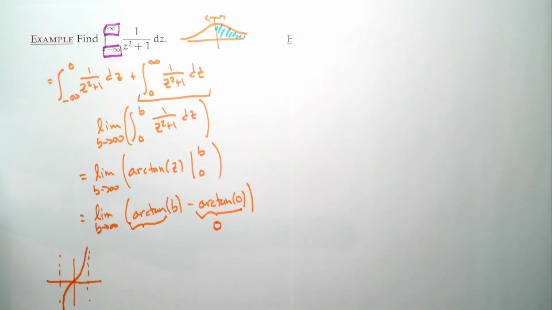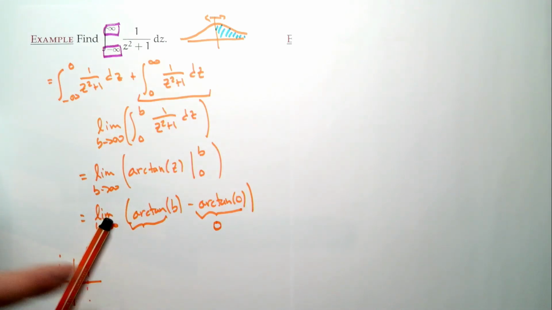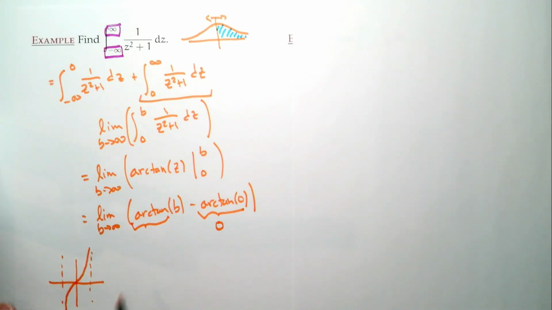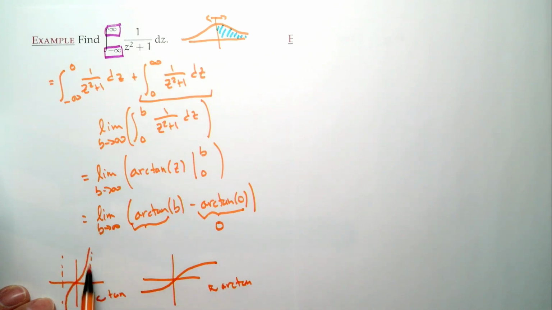When I want to make the arctangent function, I imagine taking the line y equals x and flipping across it. So if this is the tangent, then when I flip across, I have something that looks akin to that. So this is arctangent. These vertical asymptotes become horizontal asymptotes.